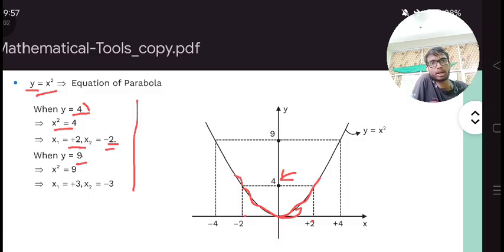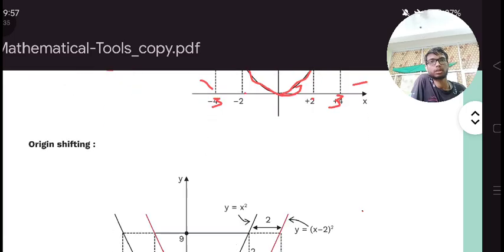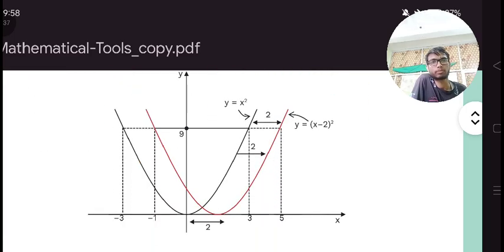Now next, y is 9. So y is over here. This is 9. And x is coming how much? Plus 3 and minus 3. So remember, this is x as minus 3 and this is x as plus 3.